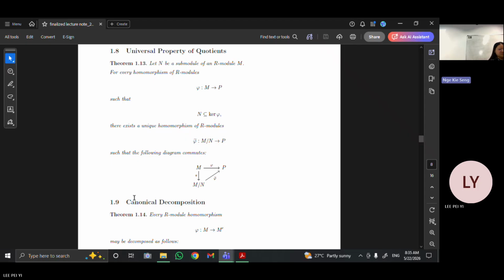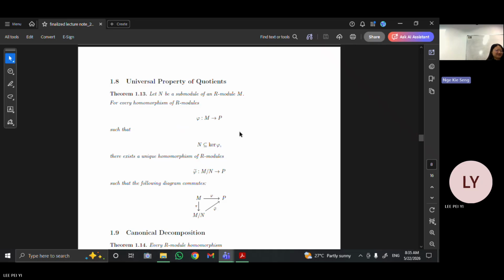This statement appears in group theory and ring theory, so it should be similar here. Like I said, this theorem appears in group theory and ring theory, so the proof is similar. Do you understand what I'm saying?